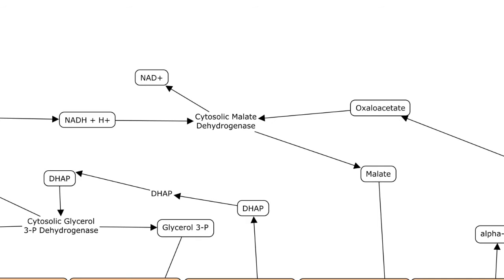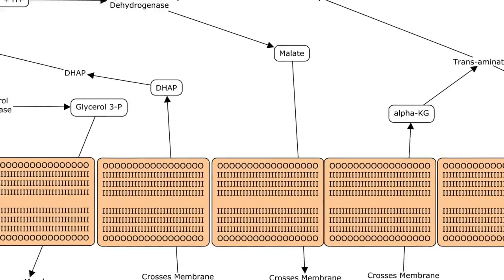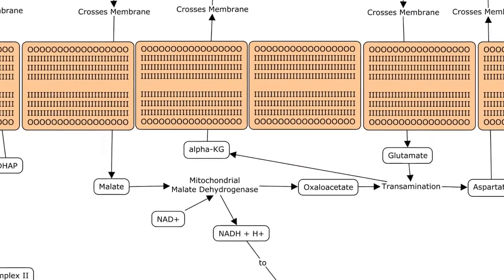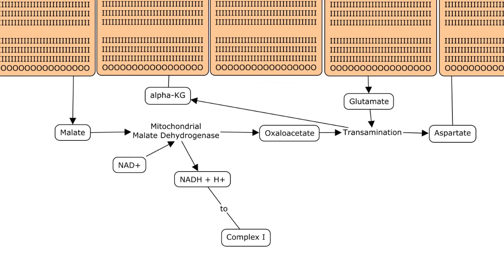Remember from the TCA cycle, this is another thing we could use it for. And the reduction of oxaloacetate is going to give us malate. Malate can cross the membrane. Once inside, oh hey, look, did you get the name right? Mitochondrial malate dehydrogenase. That's going to reduce an NAD+ to an NADH and give us oxaloacetate again.